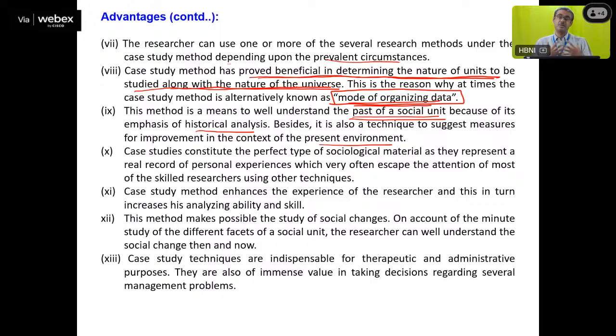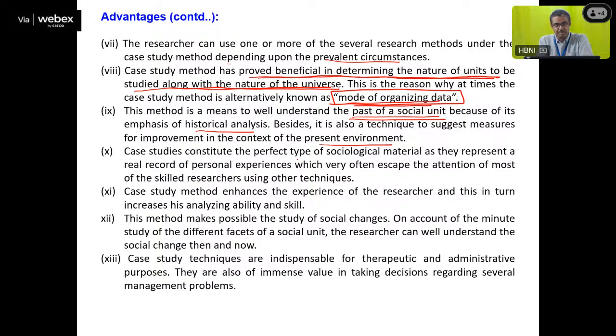Case study method also studies the present environment, the history as well as the present environment, and it helps in predicting the future behavior pattern as well. Okay, the future data. So such type of research is very beneficial because you can predict the social factors on which your unit will behave in whatever way.